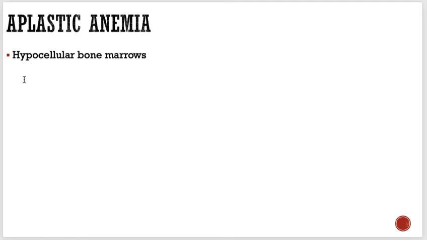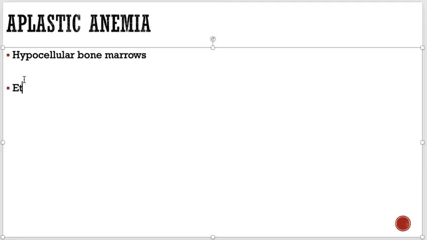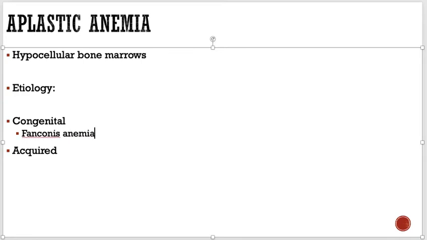So what is the etiology of aplastic anemia? First of all, it could be congenital or acquired. In congenital, if you cannot remember many things, just remember one very important one: Fanconi's anemia.